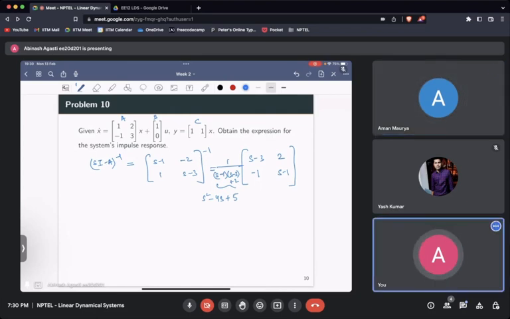Okay. So then C into (sI minus A) inverse into B. What is this?